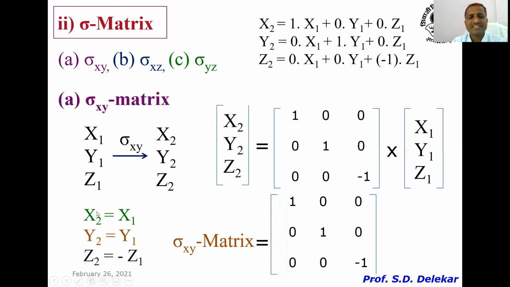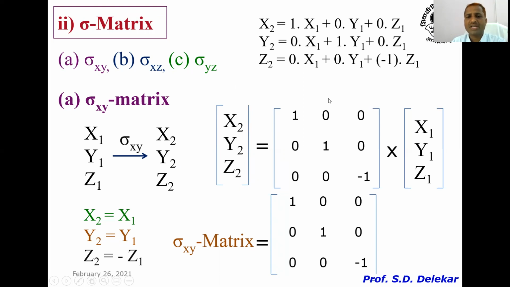So one can write x2, y2, z2 in terms of x1, y1, z1. So x2 is equal to 1x1 plus 0y1 plus 0z1. y2 is equal to 0x1 plus 1y1 plus 0z1. z2 is equal to 0x1 plus 0y1 plus (minus 1) z1.